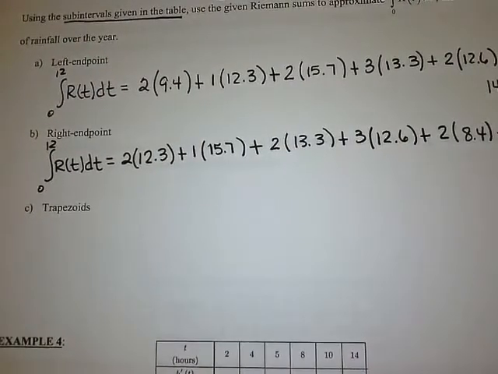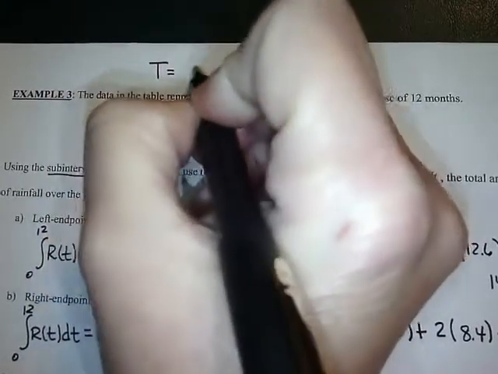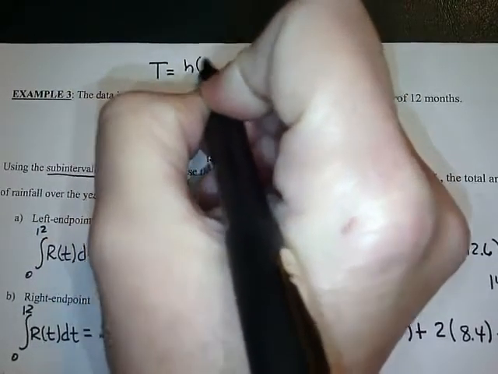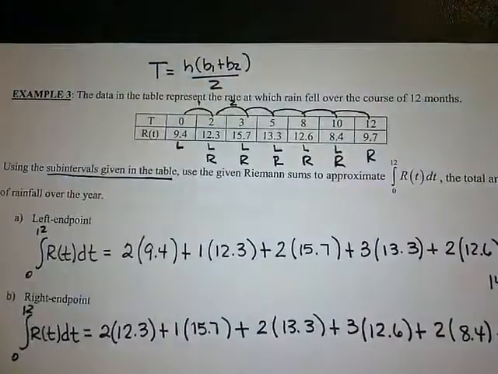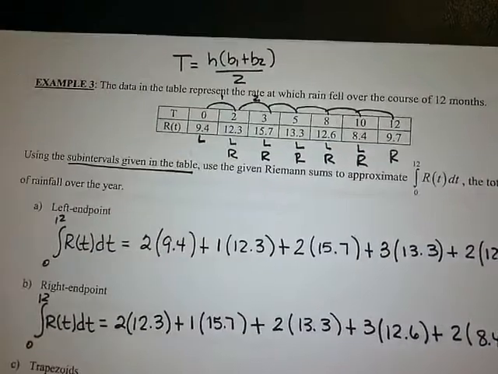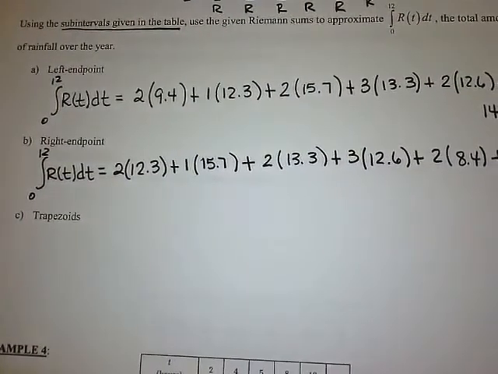Okay, so once again, with the trapezoid formula, I'm just going to write it up here. The trapezoid formula is going to be our height times base 1 plus base 2 divided by 2, like that. Okay, so I'm going to go through and find each one of the areas for each one of the trapezoids.